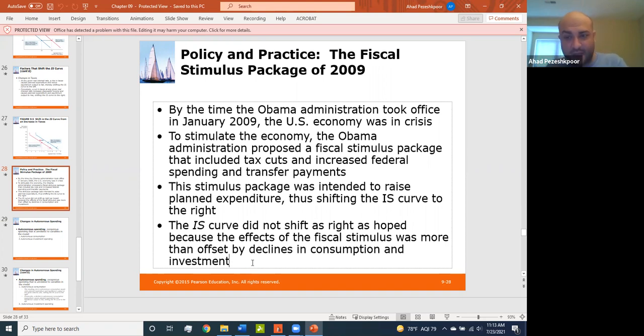In my own research, I saw something very interesting. I wanted to tell you about this. The seniority of a congressman or a congresswoman would actually mean more stimulus for the state.